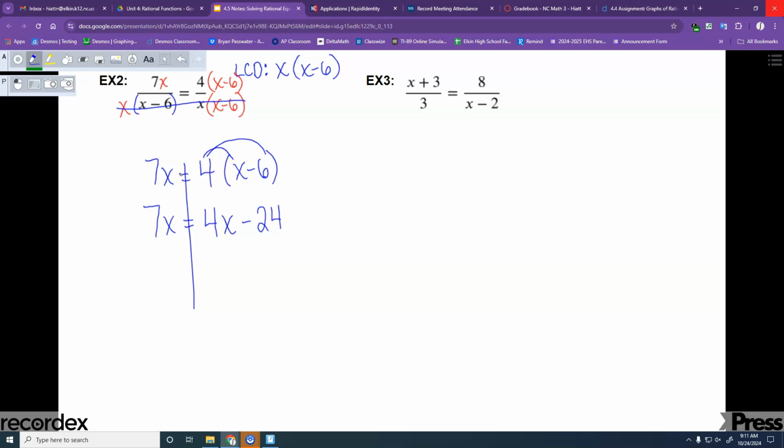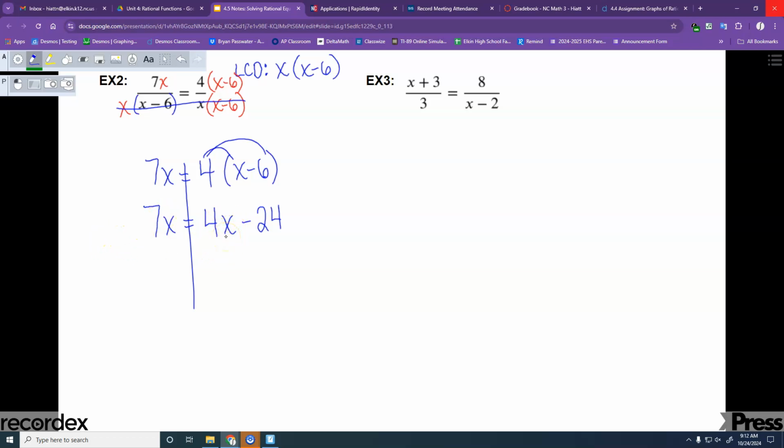Scarlett, what should I do here? We don't want to divide by 4 because that would only move our 4. We got to get our x's together first. So that means we've got to move the 4x or the 7x. I would move the 4x since if you move the 7x, there's nothing left on that side.